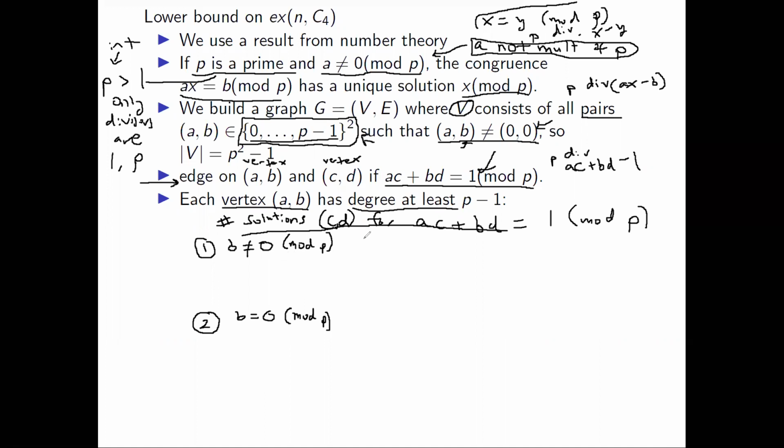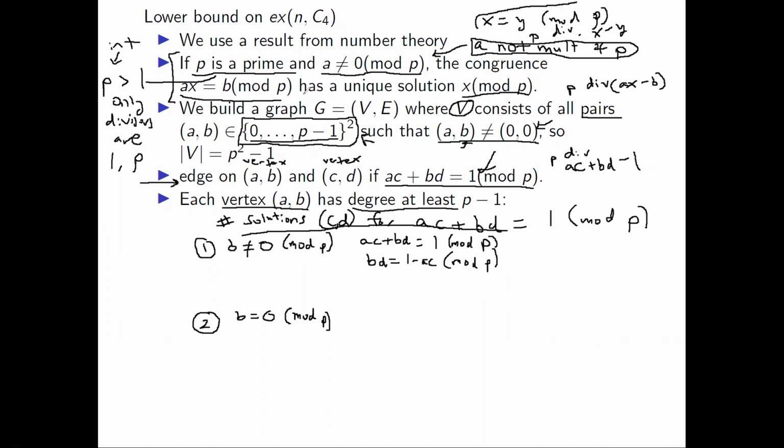That means we can take this equation we're trying to solve, AC plus BD equals 1 mod P, and we can subtract the AC from both sides. So we get BD equals 1 minus AC mod P. And now we can look at this second bullet here. So the second bullet, what does it say again?